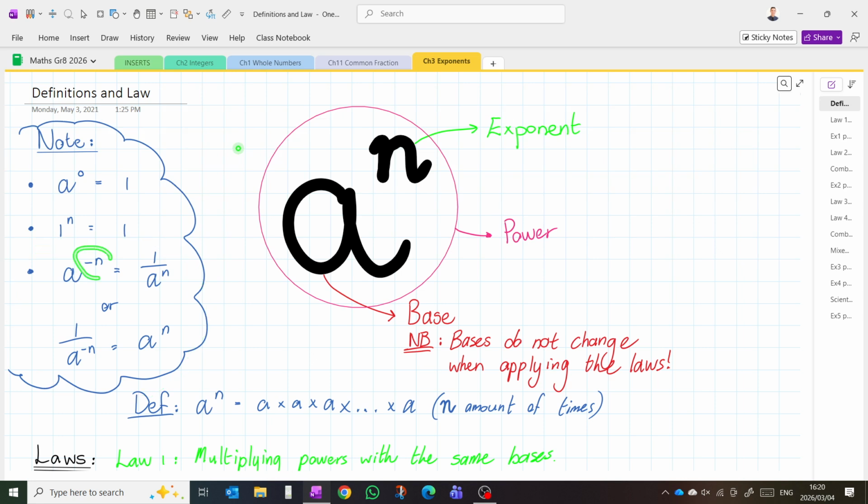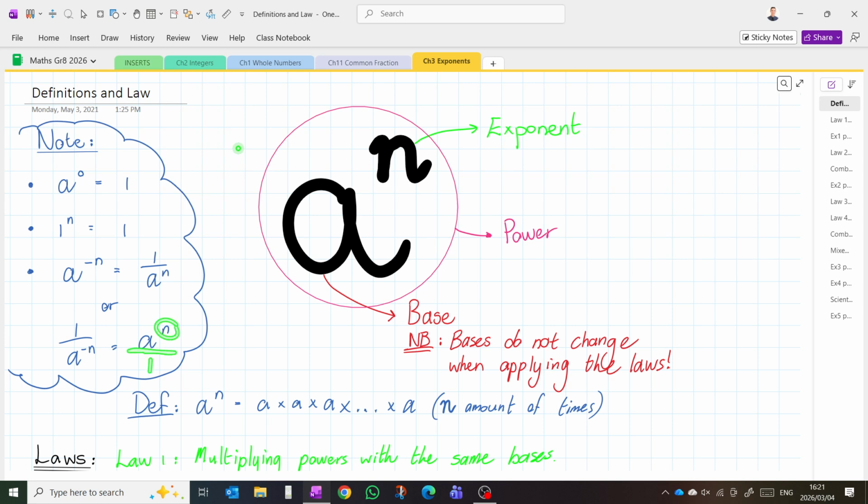If I've got a negative power, if it's a whole number for a base, then we can move it below the division line and change the exponent's sign and turn it positive. Same goes for if I have a negative exponent in the denominator, it can move up above the division line and it can turn positive.